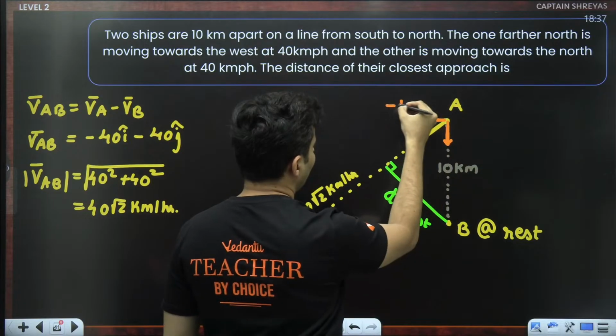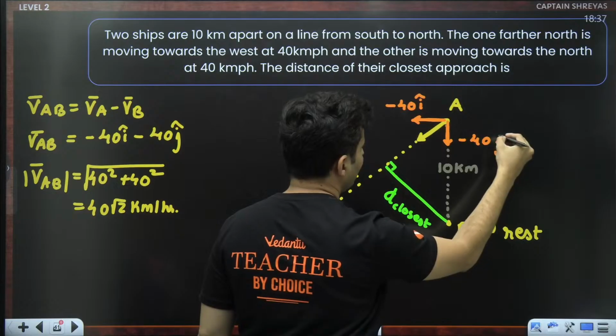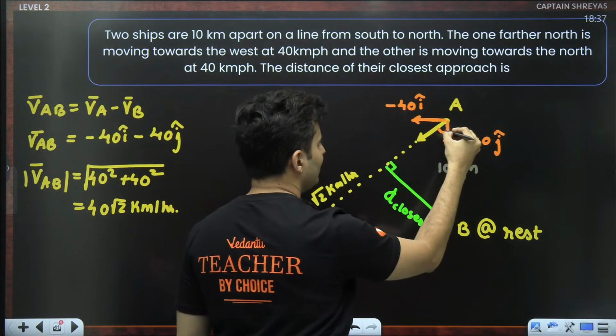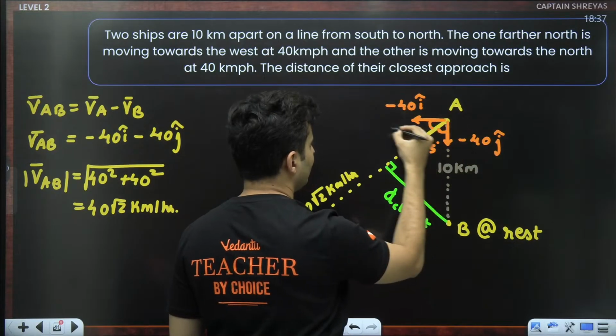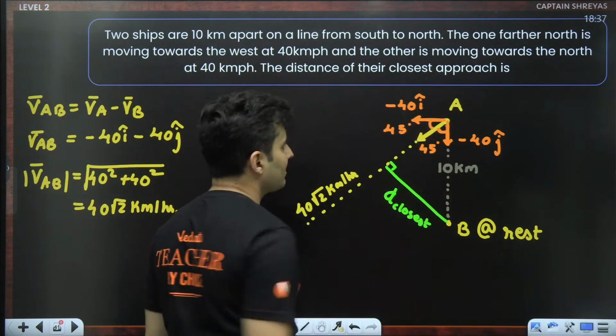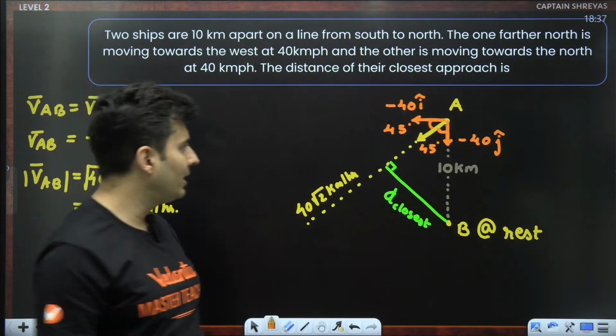This would have been minus 40 i cap, this would have been minus 40 j cap. Isn't it obvious this angle will be 45 degrees, just like this angle, which also would be 45 degrees. Both the components are equal, so both these angles will be 45 degrees.